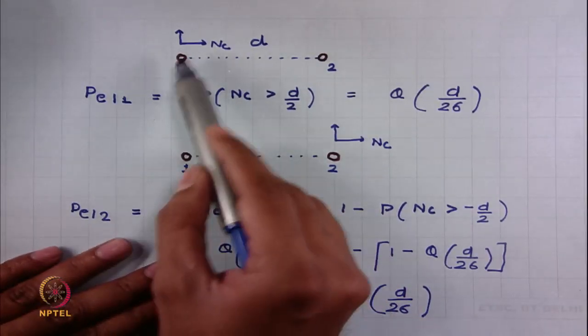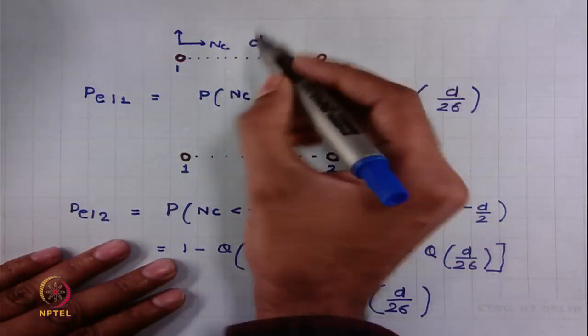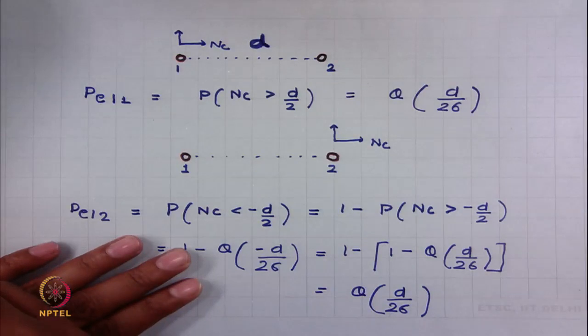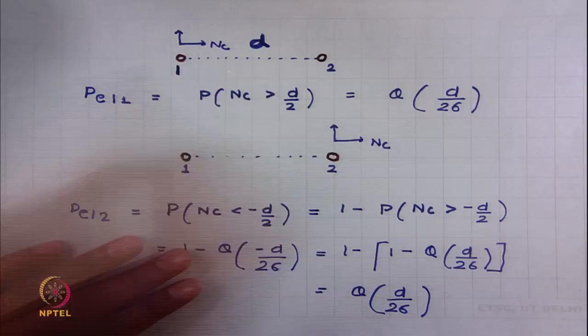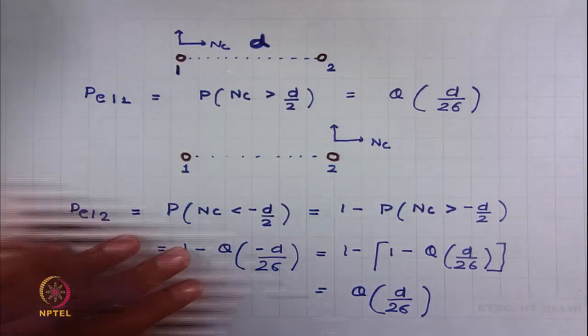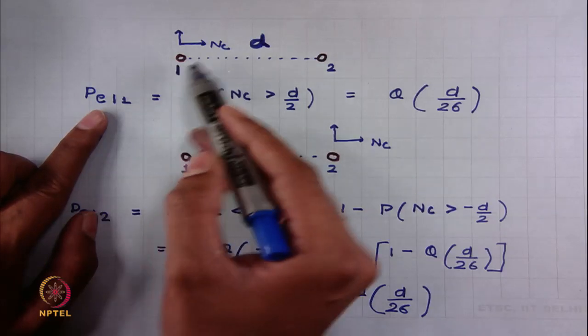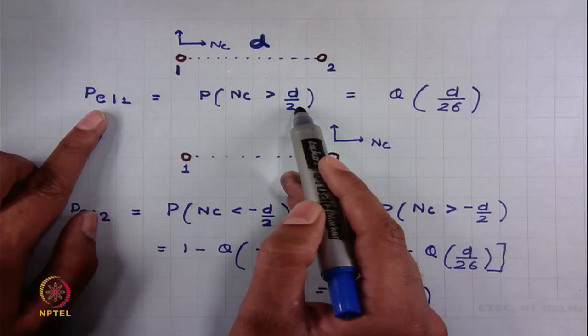So, let us simply assume that we have two signals 1 and 2, and these two signals are separated by a distance of d. And let us assume that we are transmitting signal 1. And when will an error happen? Error will happen when the noise amplitude becomes larger than d by 2.